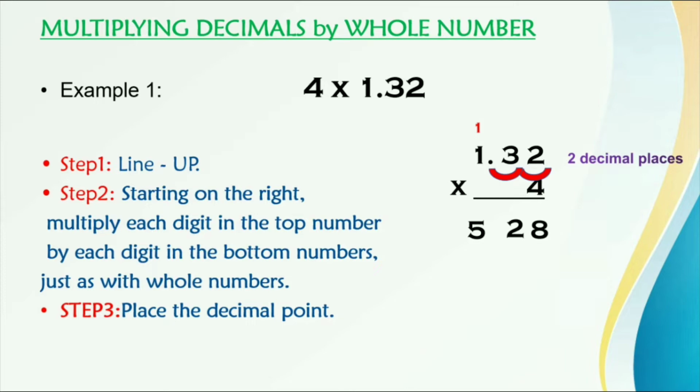Kung ilan yung decimal places ng factors natin, yun din yung ilalagay natin dun sa ating product o dun sa ating answer. So, kung 2 decimal places, mag-move din tayo ng 2 decimal places from the right at dito natin ilalagay yung ating point. So, our final answer in 1.32 times 4 is 5.28 or 5 and 28 hundredths.